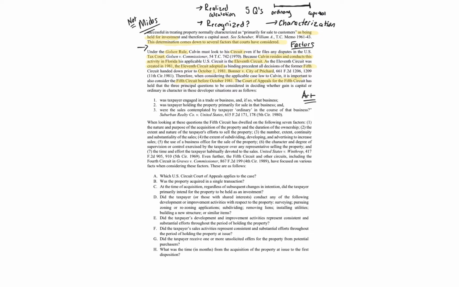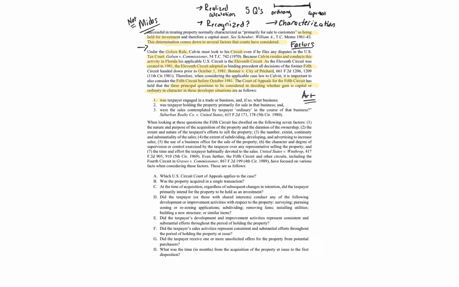The Court of Appeals in the 5th Circuit held that there are 3 principal questions to be considered in deciding whether gain is capital or ordinary in the developer situations. These 3 questions are: Was the taxpayer engaged in a trade or business, and if so, what business? Was the taxpayer holding the property primarily for sale in that business? And were the sales contemplated by the taxpayer ordinary in the course of that business?